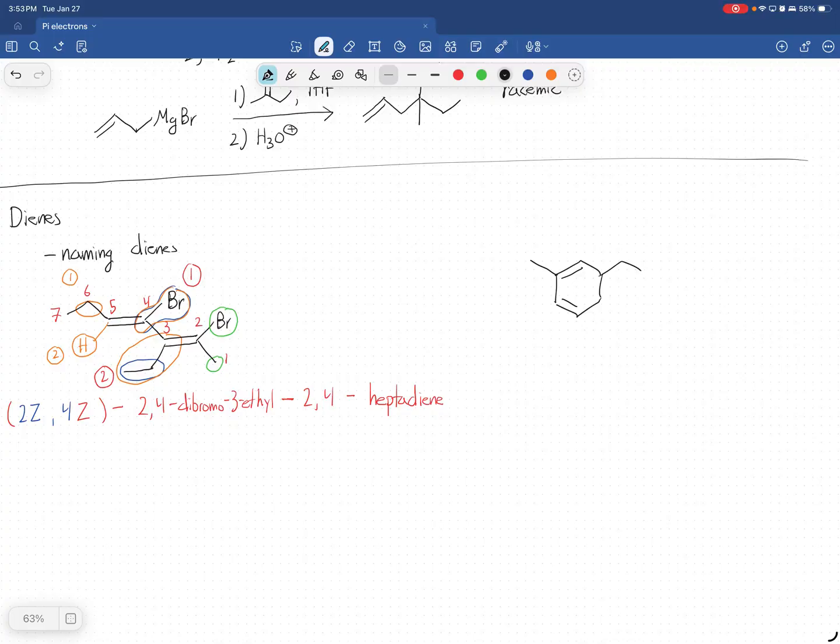Okay, so let's name this one. All right. So the most important part here is numbering the carbons first. So let's see how we should number this system. Which position should get the 1?